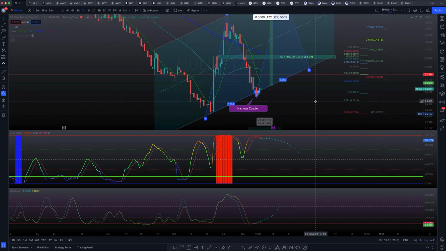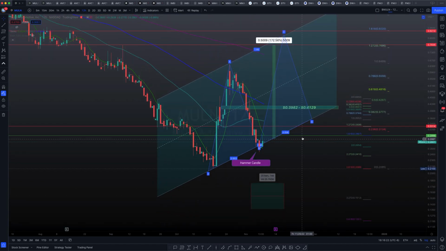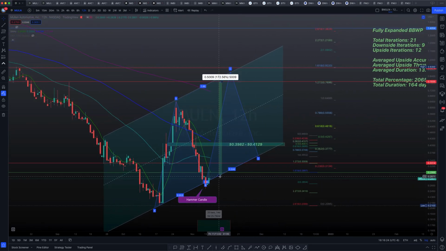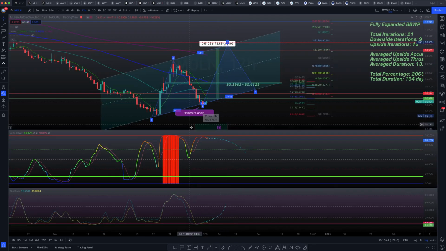So for the new listeners, the 172.12% to the upside, if measured from the moment of the firing of the signal, which was right around these candles right over here, you guys. And actually, we can make an adjustment to that so that we can have it right at the 1.618, because according to this right here, it could be right around these candles.